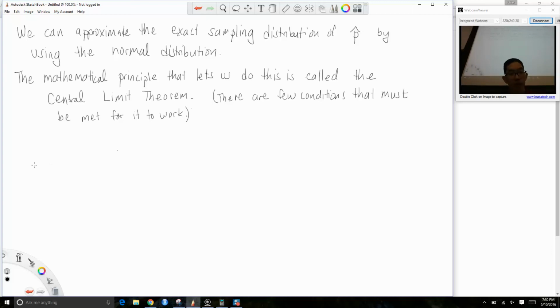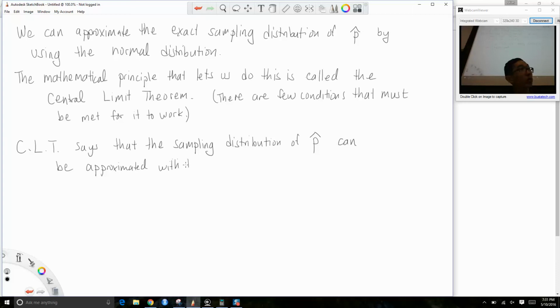Okay, and basically the central limit theorem says that the sampling distribution of p hat can be approximated with the following normal distribution.